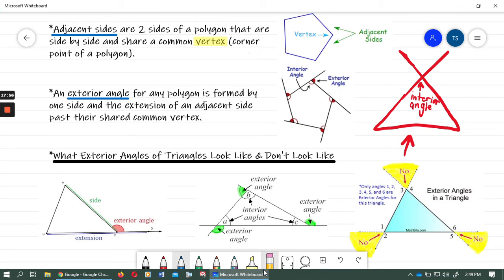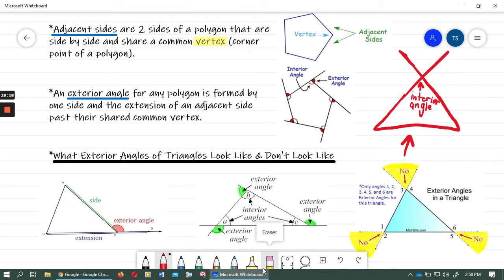So again, folks, you've got an interior angle and this angle. These 3 angles that I've got highlighted in yellow, even though they are on the outside of the triangle, are not exterior angles for your triangle.